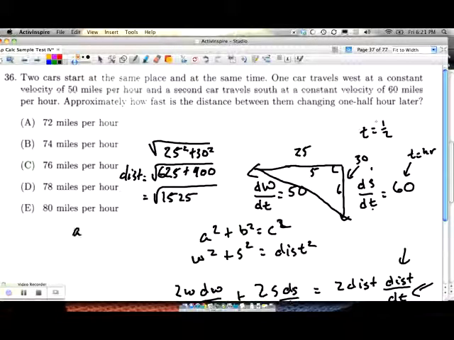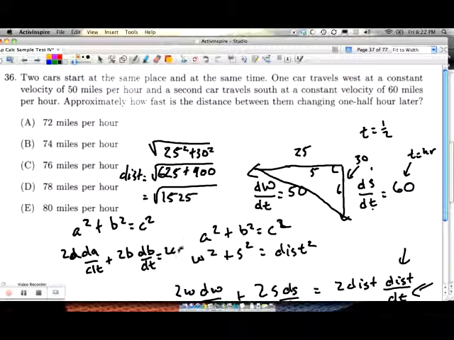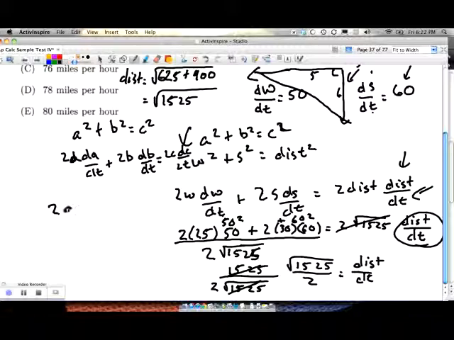But I know that it stems from the idea of a squared plus b squared equals c squared, and that's going to be 2a dA dt plus 2b dB dt equals 2c dc dt. And it's asking us dc dt. So it's going to be 2a dA dt plus 2b dB dt over 2c.